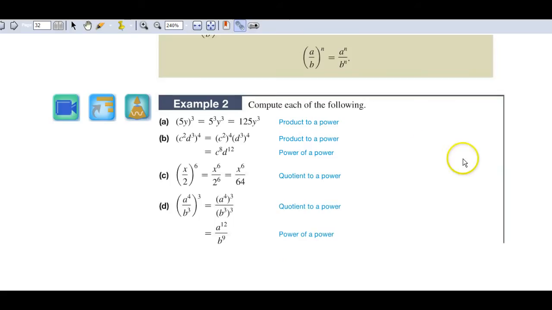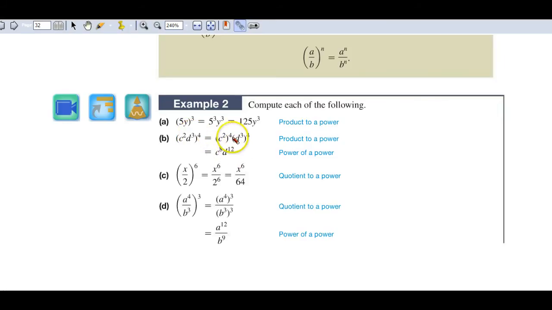Now we'll just review these using what's in the book there. So it's going to be 5 to the third, which is 125, and then y to the third. Now here we're going to multiply 2 times 4 is c to the 8th, d to the 12th.